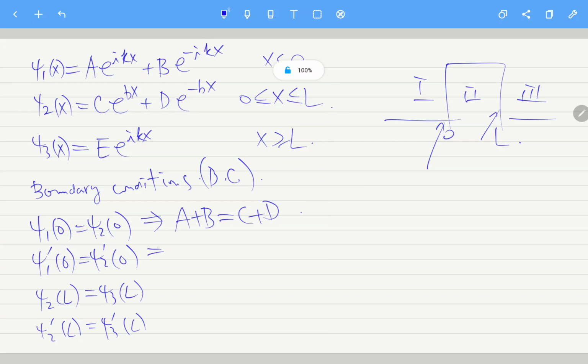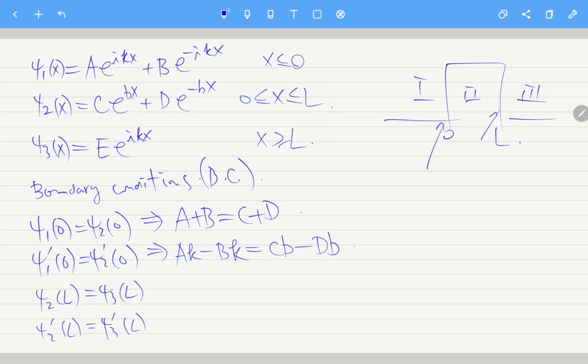And then for the second one, we have ik times a minus ik times b equals cb minus db.